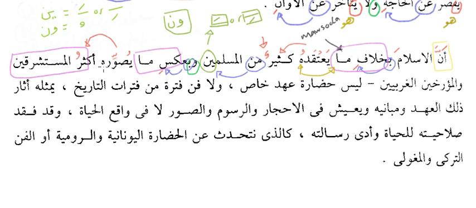Here we have a dhamir, and the dhamir goes back to ma over here. Ma yusawwiruhu aktharul mustashriqeen wal mu'arrikhin. Wal mu'arrikhin, waw is ataf, and the ataf is made upon this word al-mustashriqeen. Therefore this will take the vowels which appear upon mustashriqeen, which are ya and nun.